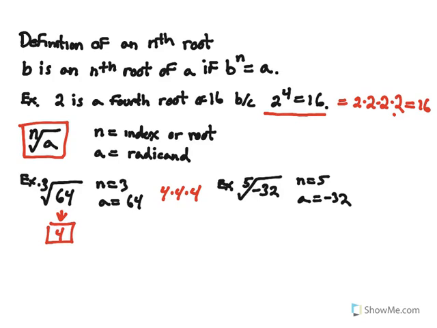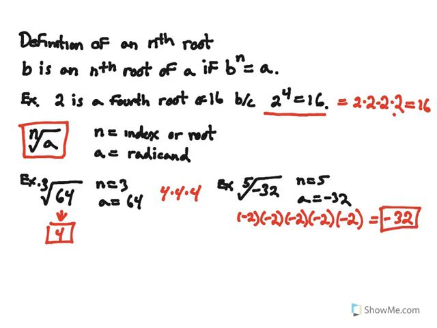Well, remember that the only number that times itself 5 times to even give me a 32 would have to be 2. So it's basically going to be not only a positive, but it's negative, because if I take negative 2 and multiply it by itself 5 times, 2 times 2 times 2 times 2 times 2 will in fact give me 32, but if you have an odd number of negatives, you should get a negative number.